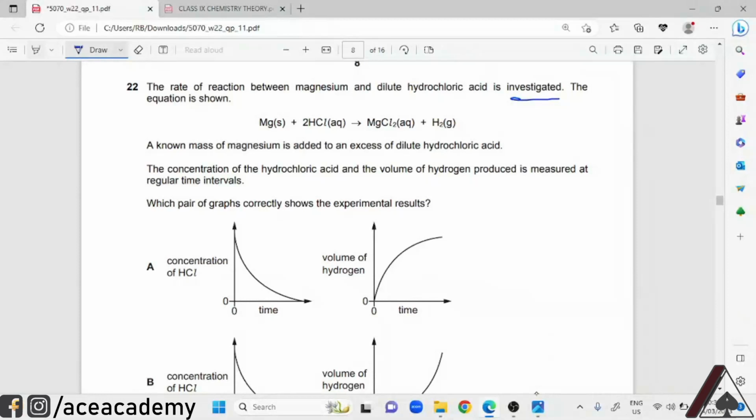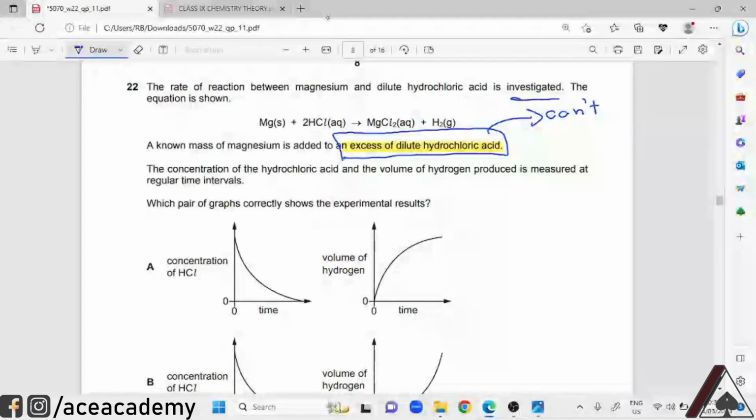So one thing to note over here is that dilute hydrochloric acid in this case is added in excess, right? Since it is in excess, we know that the volume of dilute hydrochloric acid will never reach zero. Some amount of hydrogen chloride will always remain at the end of the reaction, it will not be completely used up since it is in excess.